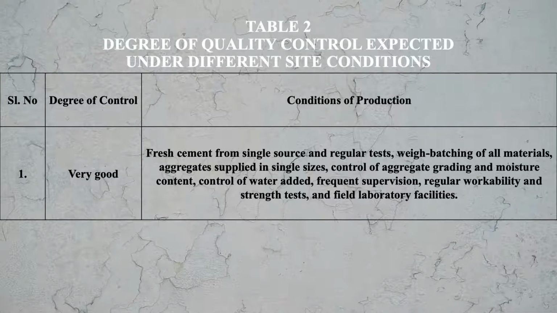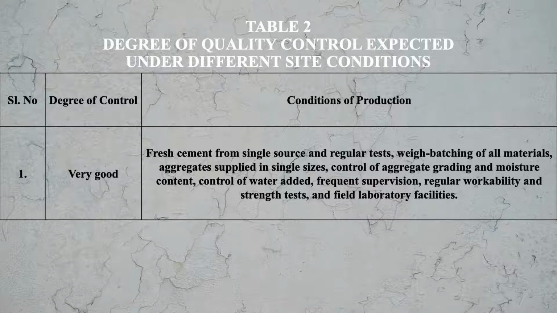Another table you see, table 2, degree of quality control expected under different site conditions. What are the conditions at site and what is the degree of control? So in case of very good degree of control, what are the conditions of production?